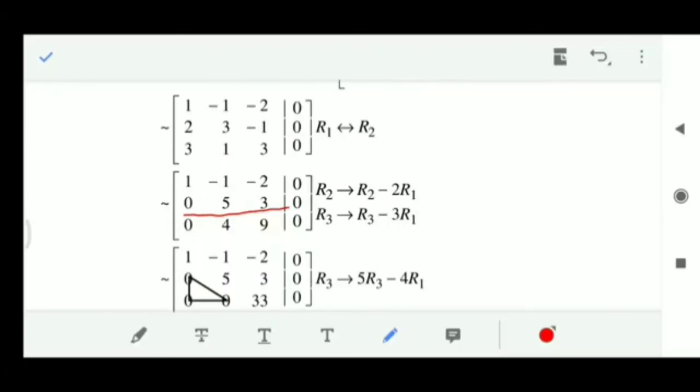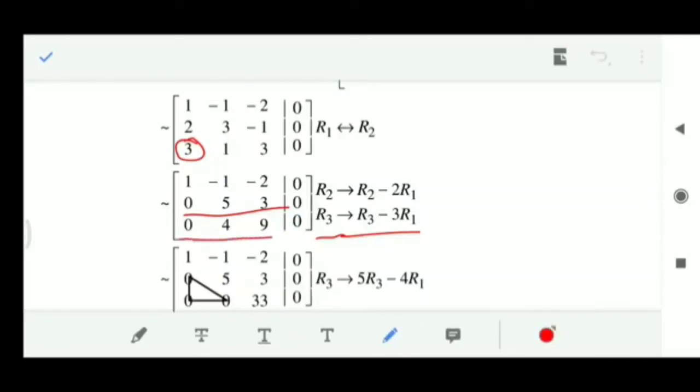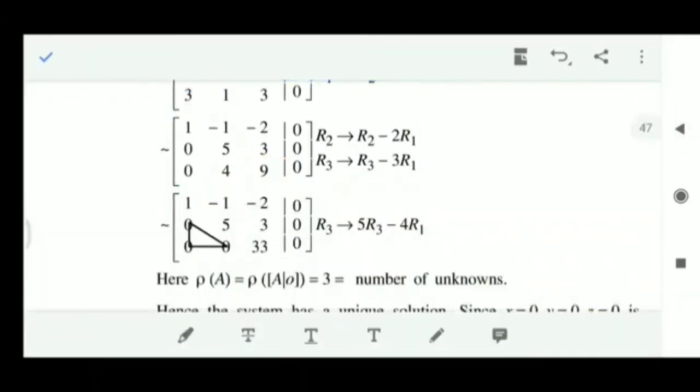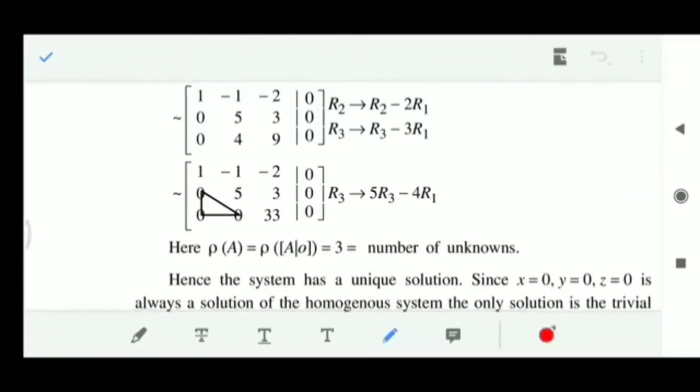Then I'm going to make the third row's first element, that is 3, as 0. For that, the elementary transformation is R3 implies R3 minus 3 times R1. If you simplify this, you will get 0, 4, 9 as the third row. Then the third row's second element, 4, should be made 0.